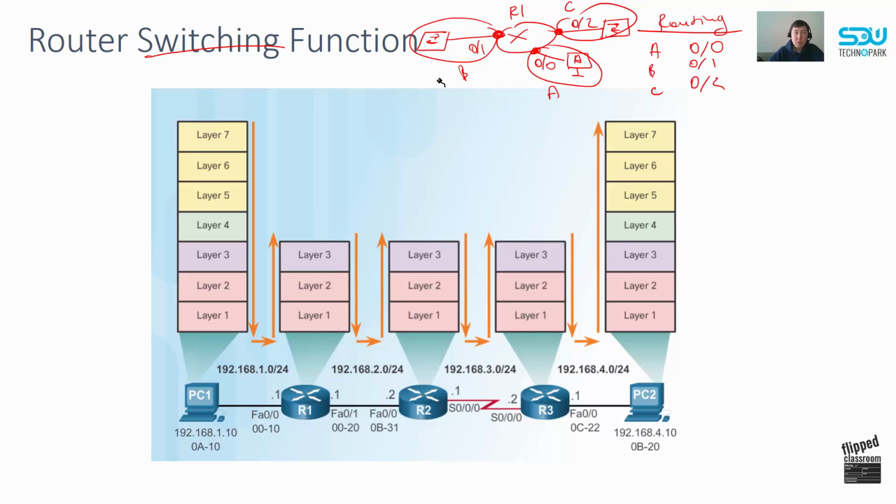And when, for example, computer B sends information to computer A, the router will receive this information. In the packet header, in the destination IP address, there will be information about network A, so the router will be able to find network A and find through which interface router 1 has to switch. Router 1 has to resend this information.